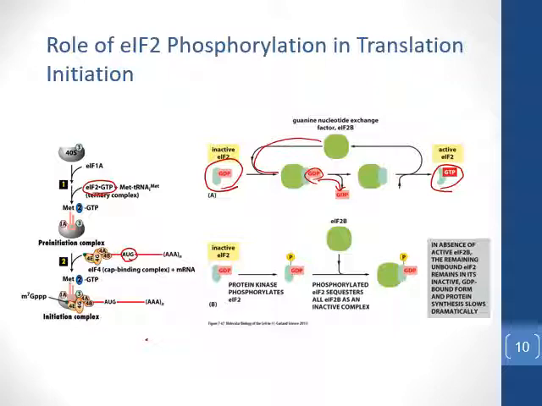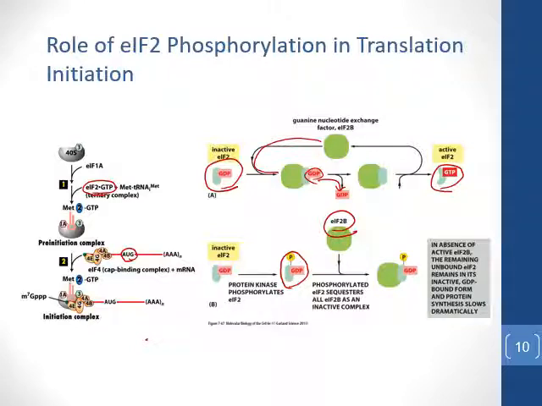Let's go down to the bottom and see what happens. There is a protein kinase that can phosphorylate EIF2. If that protein kinase phosphorylates EIF2, then EIF2, when it's in its inactive state, because it has GDP bound to it, will bind to the guanine exchange factor, EIF2B is the GEF, but the EIF2B can't do its job.